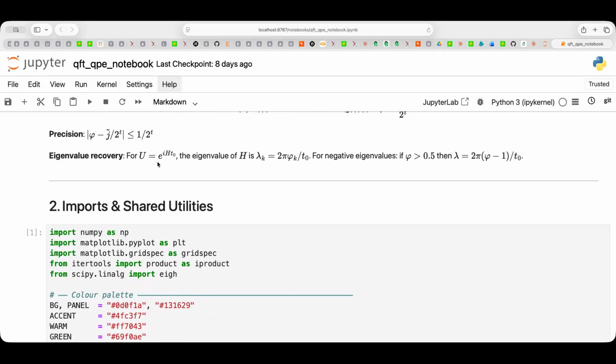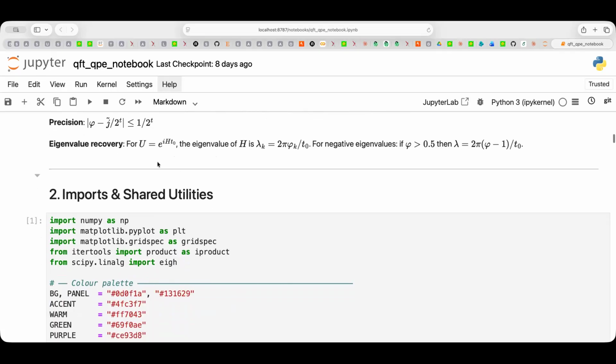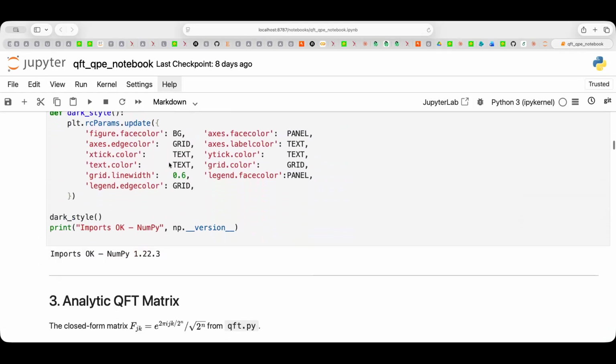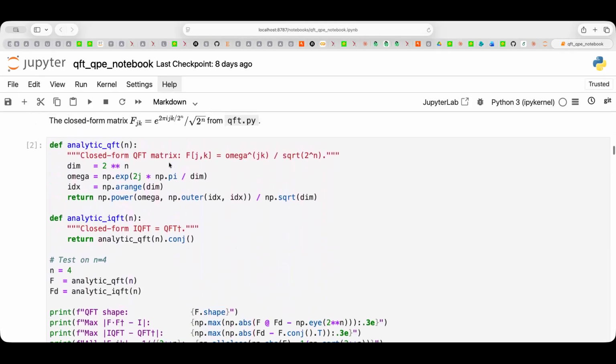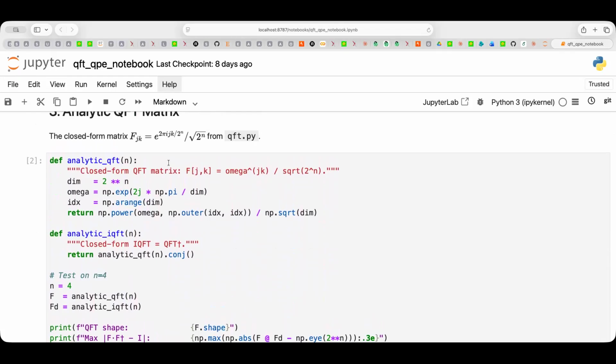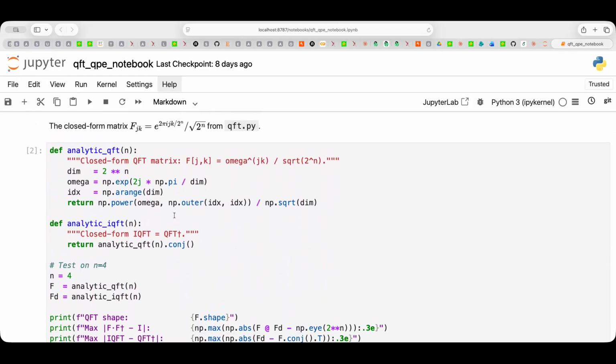In this specific case, I have a 4x4 matrix, which I diagonalize and compare with the QPE. Depending on the number of ancilla or control qubits, you will get slightly different results.